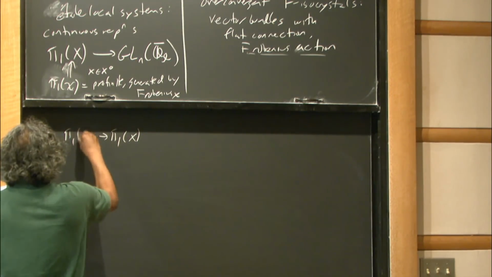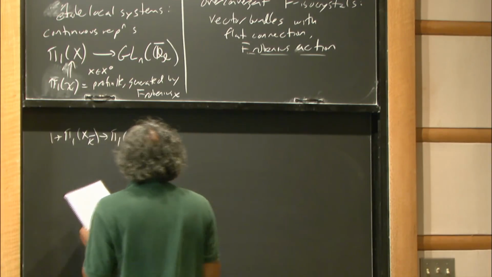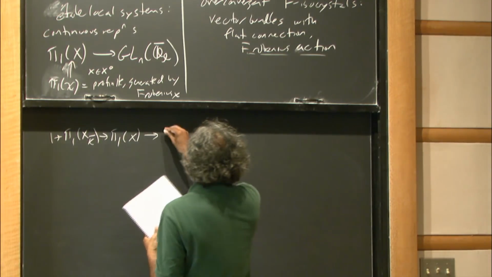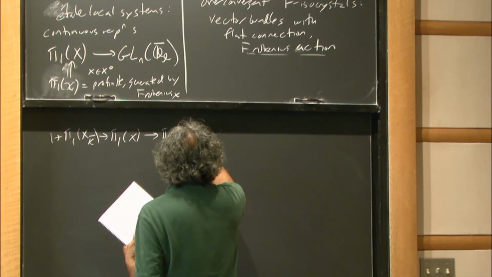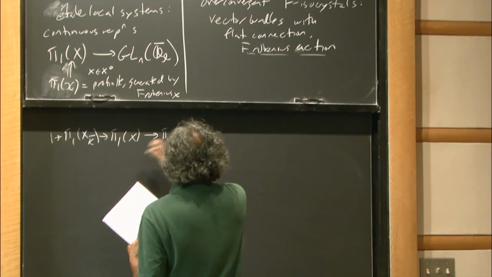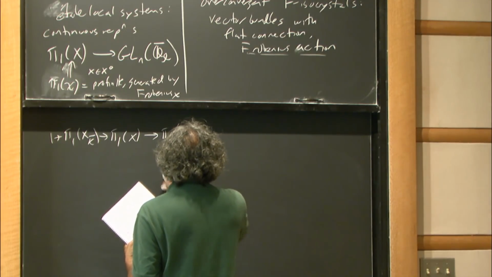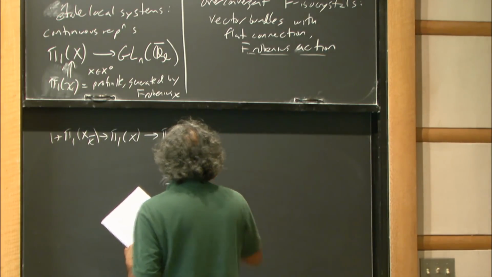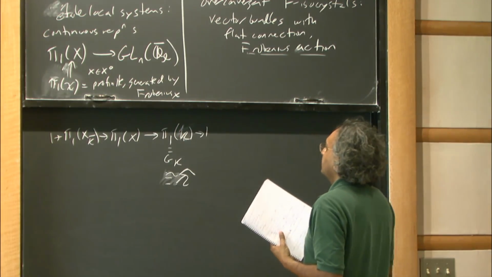So pi1 of X base changed to K bar is a subgroup of pi1 of X, because this maps to this. And then this in turn maps to pi1 of Spec K, again because X maps to Spec K. This is the absolute Galois group of K, which is the profinite group Z hat, with Frobenius as a distinguished generator.